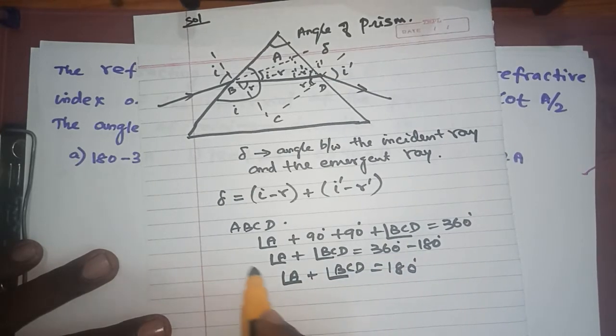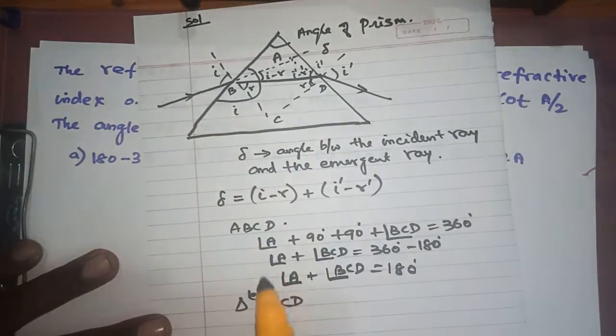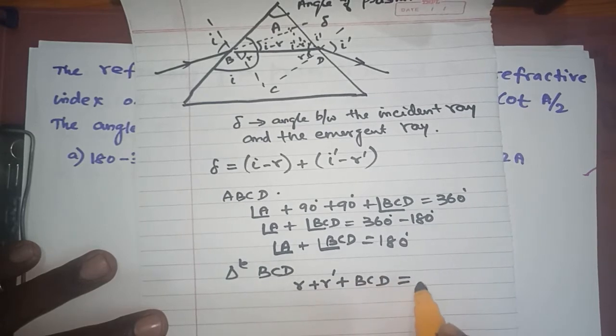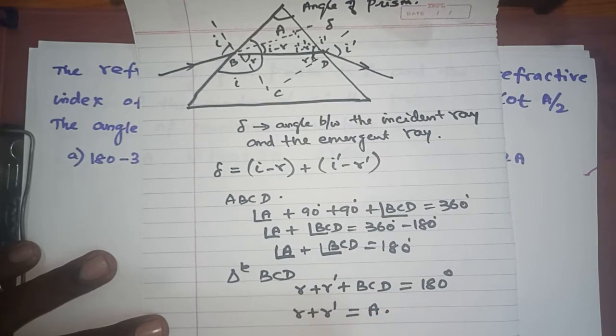And if you consider the triangle BCD, there R plus R prime plus BCD is equal to 180 degrees. Then I can put R plus R prime equal to A, right?